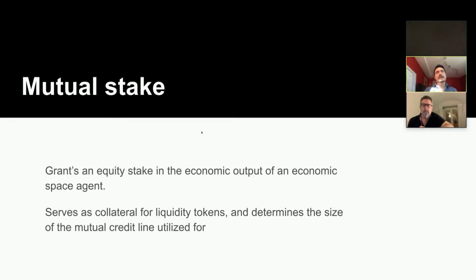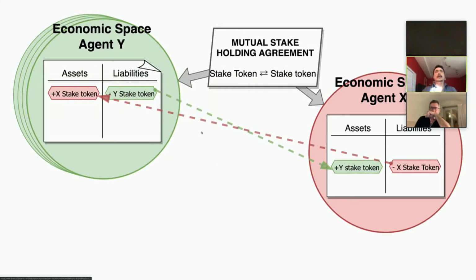So the next layer is mutual stake. Mutual stake is granting an equity stake on the economic output of an economic space agent. It serves as collateral for liquidity tokens and determines the size of the mutual credit line. In this case, again, this mutual stakeholding agreement just creates two records in each other's economic space agents.